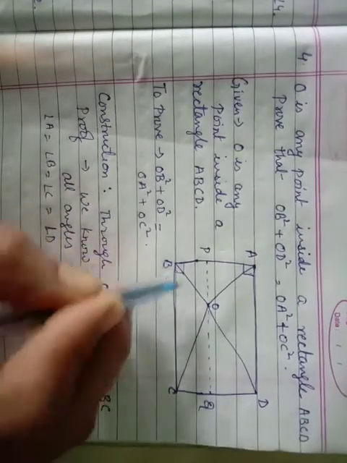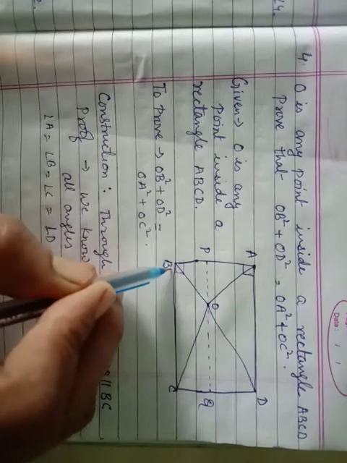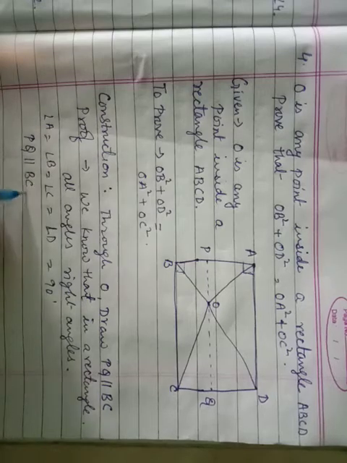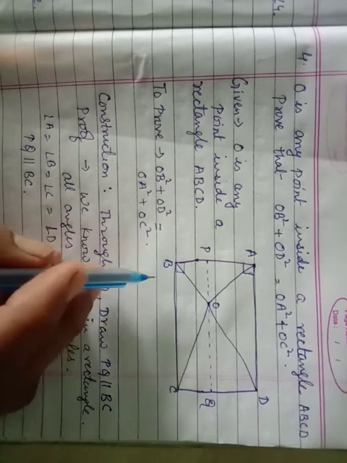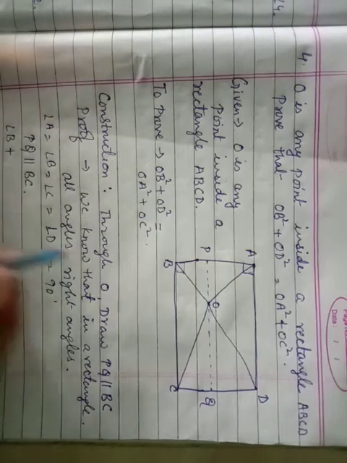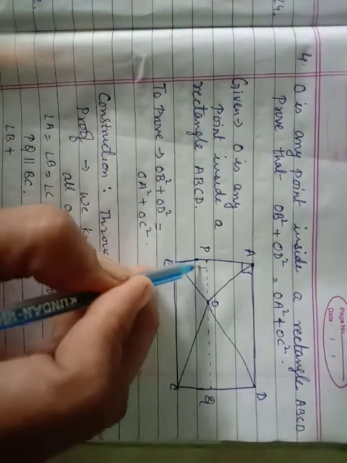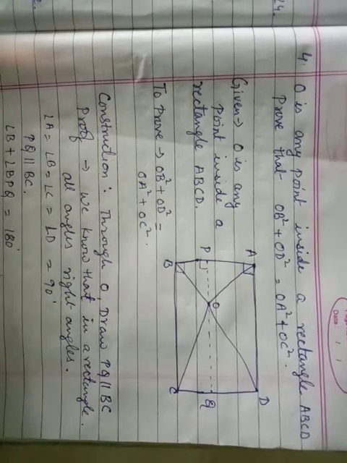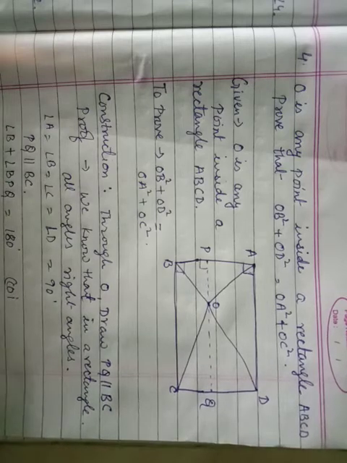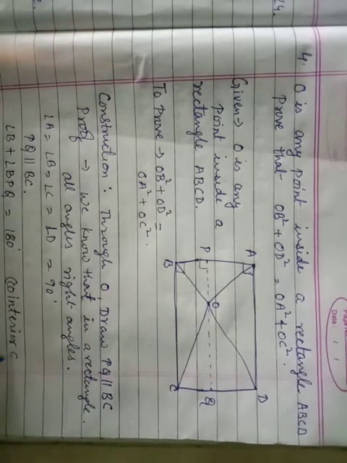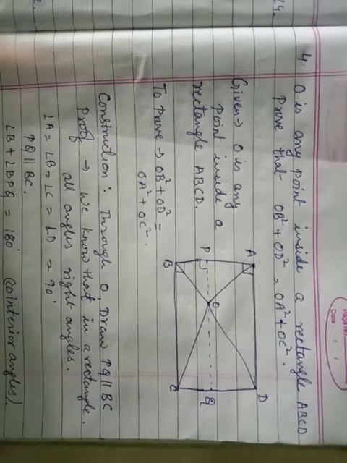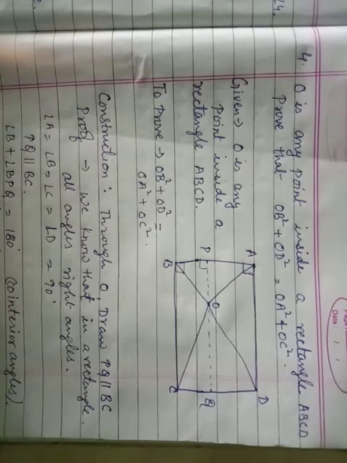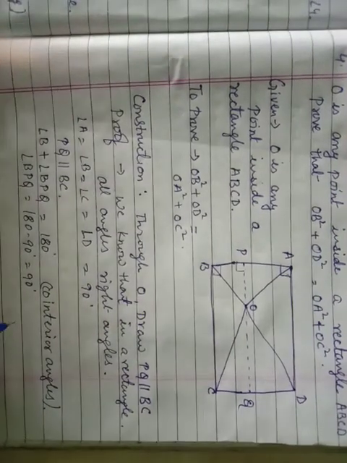This is also a right angle. So you can see that angle B plus angle BPQ is equal to 180 degrees. How? These are co-interior angles. So we know that angle B is 90 degrees. So angle BPQ will be 90 degrees.